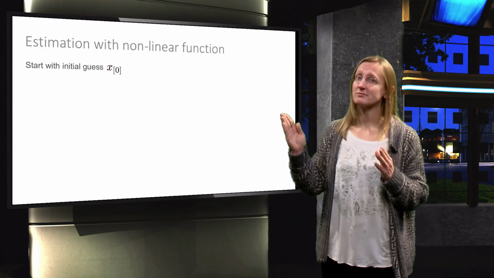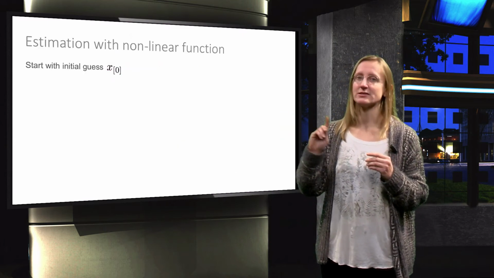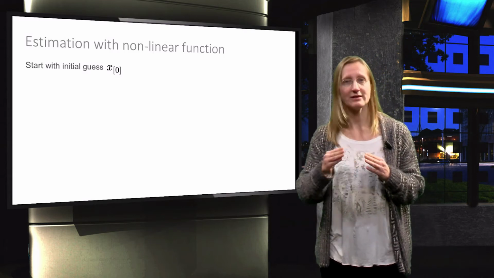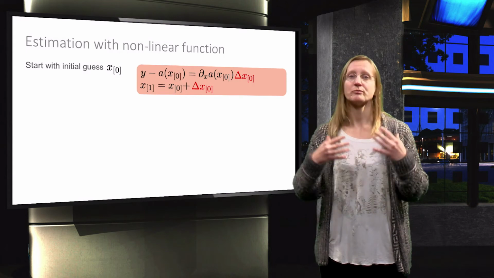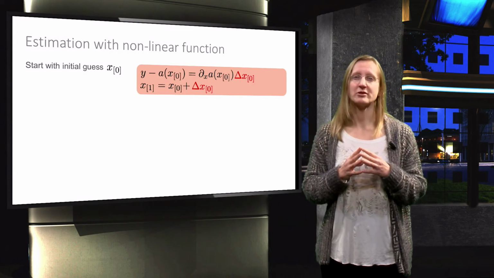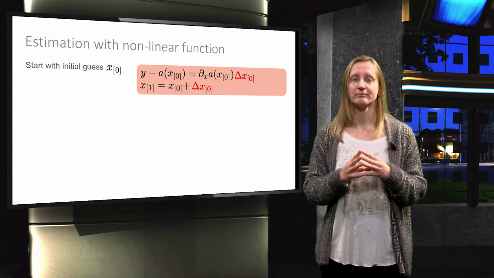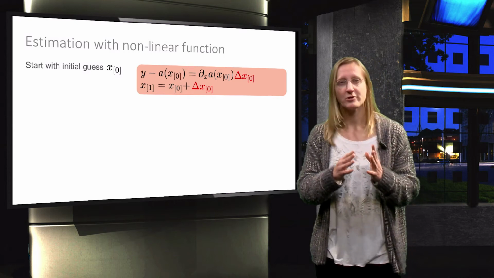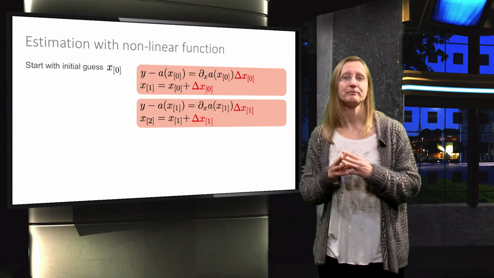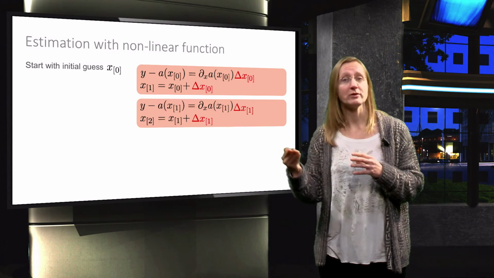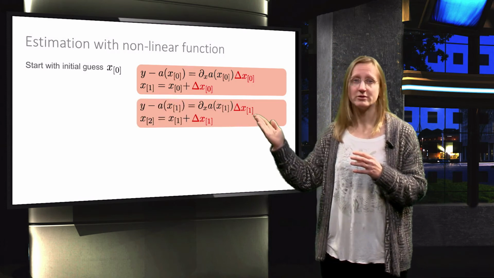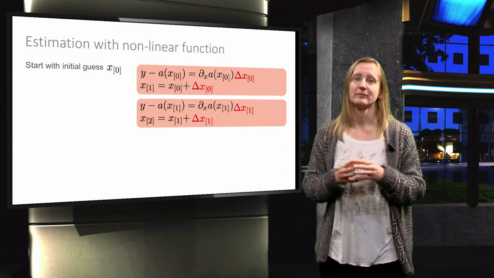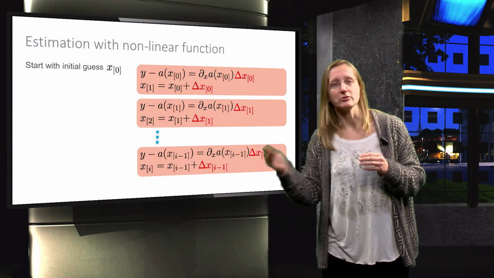We start with our initial guess x0. Based on the linear approximation, we find delta x1, which provides us with a new approximation of our unknown parameter. The new x1 is then used to get a better approximation, x2, and again the same equations, but now x0 is replaced by x1, and from that we get x2. And we continue and continue.